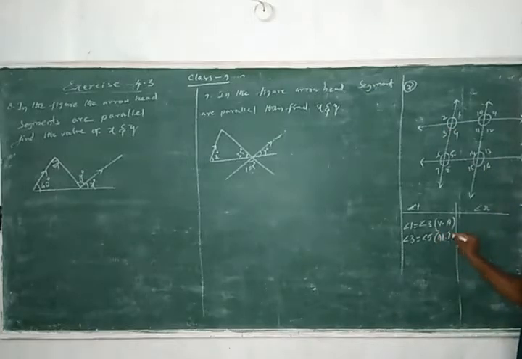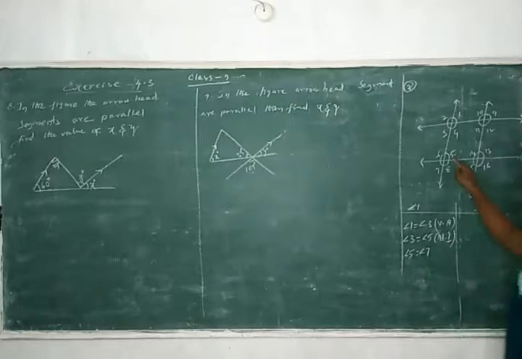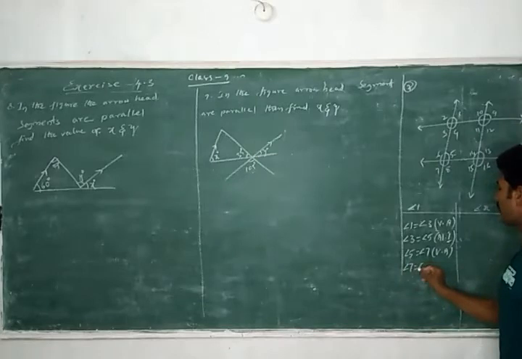Then angle 5 is equal to angle 7, vertically opposite angles are equal. Next, angle 7 is equal to angle 15, so these are corresponding angles.